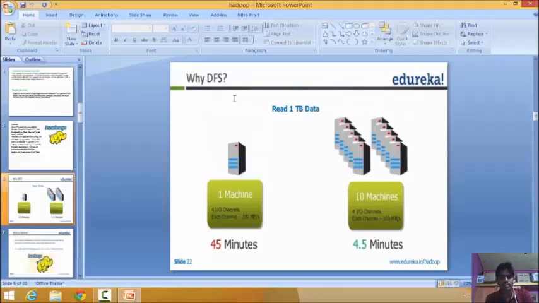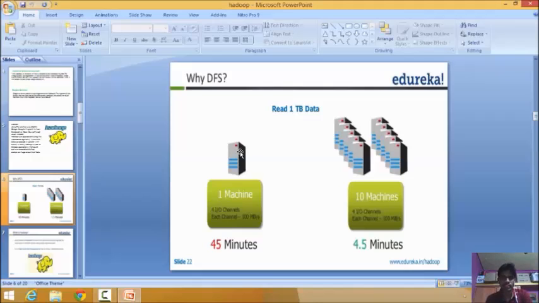Why a distributed file system? Let us understand this. See here. Let us consider this system. This machine has 4 I/O channels, that is, 4 hard drives. Assume each channel processes the data at 100 MB per second. Let us note one point here.